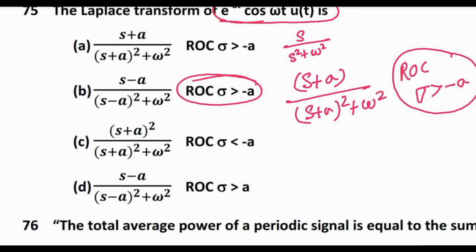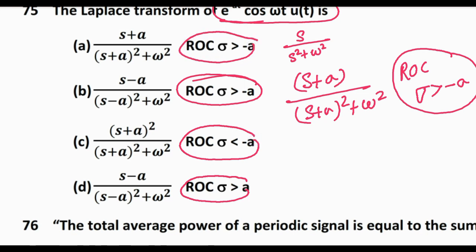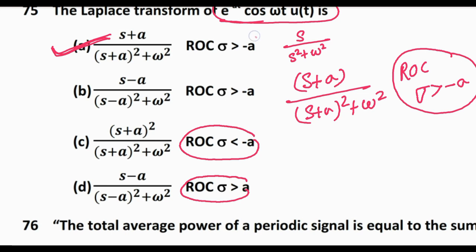Here sigma greater than a is given, sigma smaller than minus a is given, and here sigma greater than minus a is given, but this one is plus. So the answer will be option A, because this one is plus, not minus. Here the answer is perfectly matched, option A. So we have to also point out the ROC values.